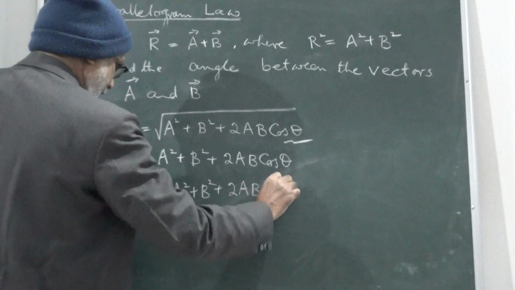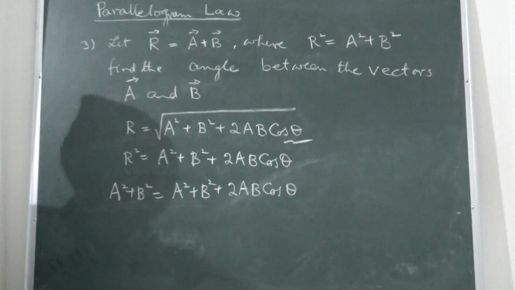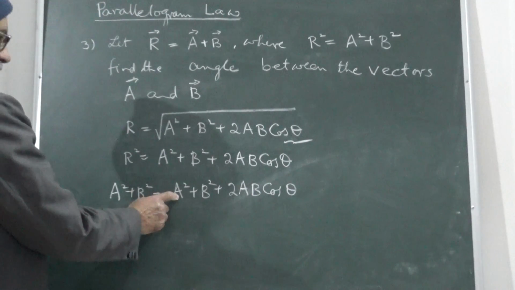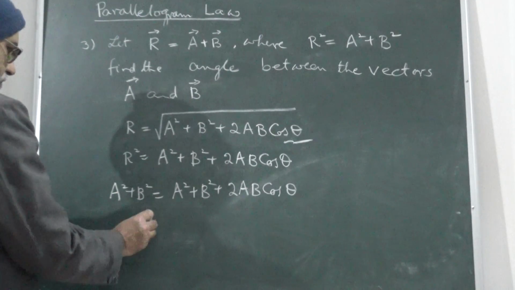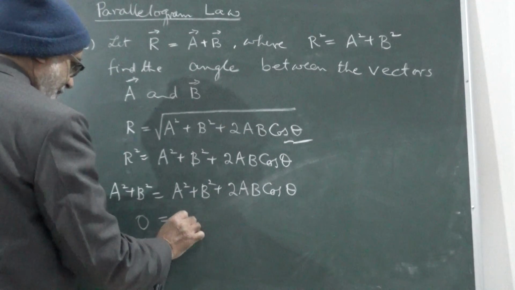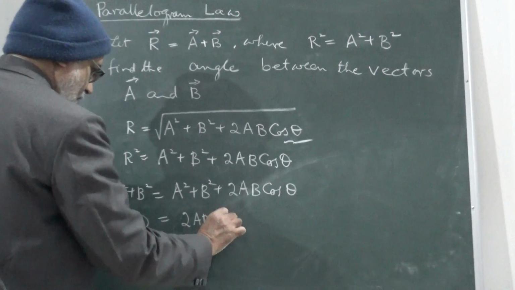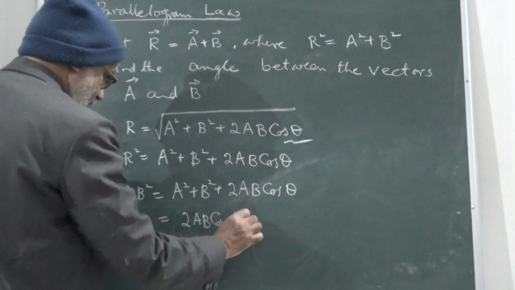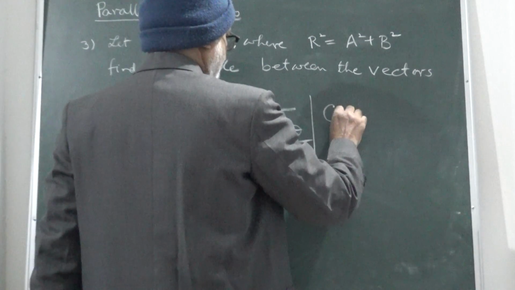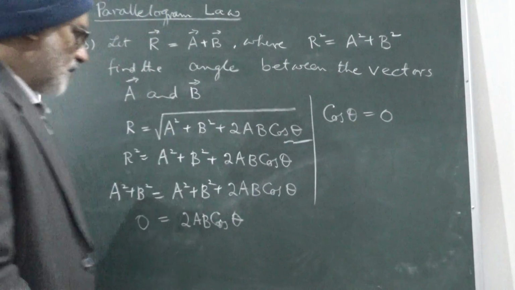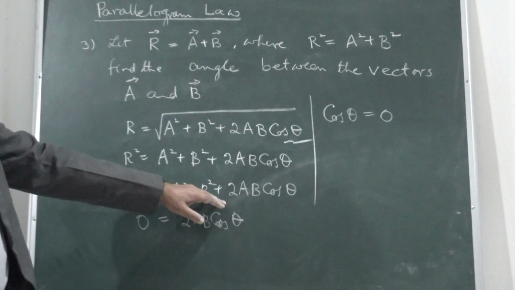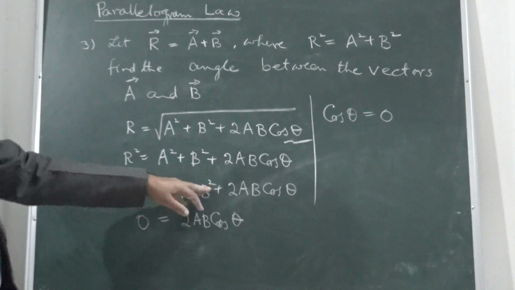So it is A square plus B square equals A square plus B square plus 2AB cos theta. If you bring it to the left hand side, A square minus A square will finish, B square minus B square will finish.